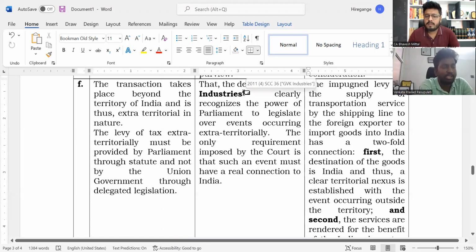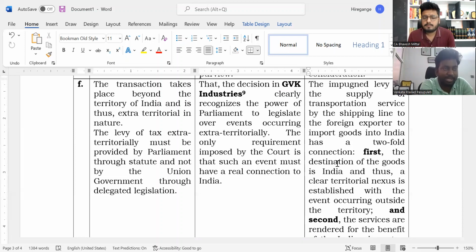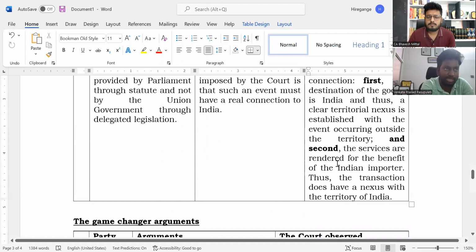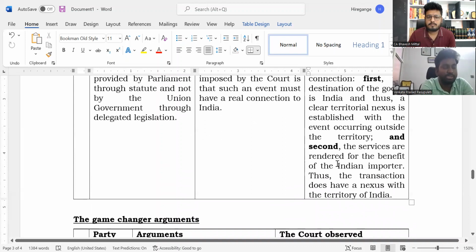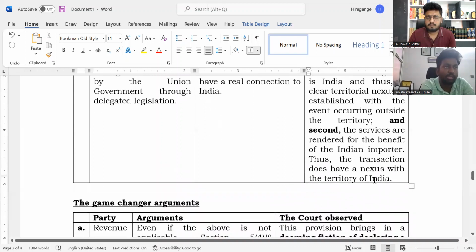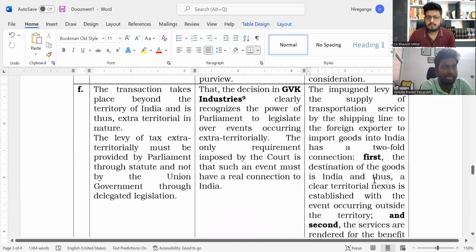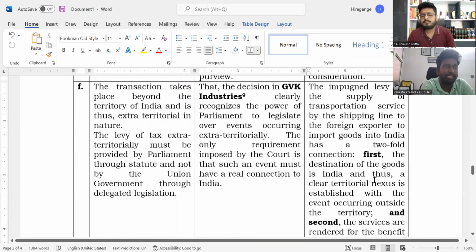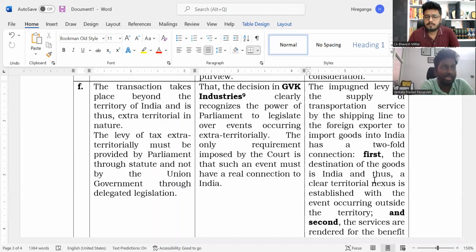Where they told that Parliament can make legislation to cover extraterritorial transactions also. But to this, the taxpayer's argument was that it should be made only in the parent legislation, that is, an Act only, not in the delegated legislation.